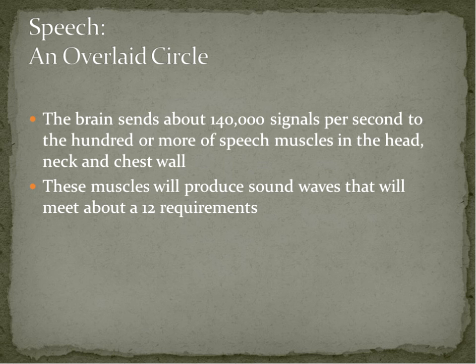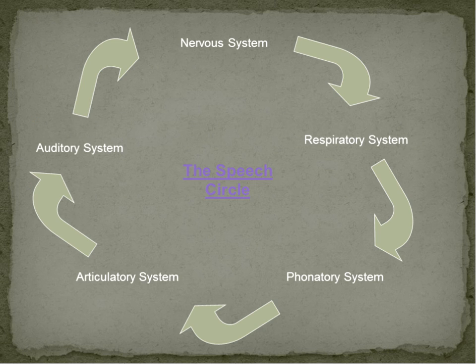Okay, thank you. So we call this the speech overlay. These are all the systems that are involved in the production and the reception of speech. In this class, we're going to start with the respiratory system.